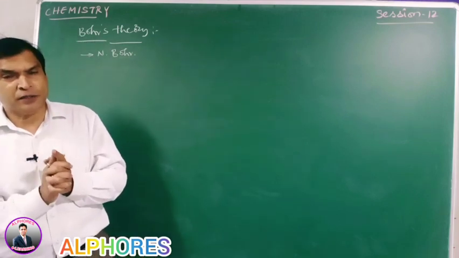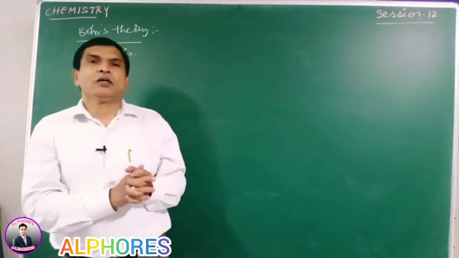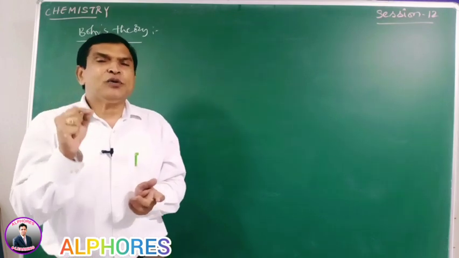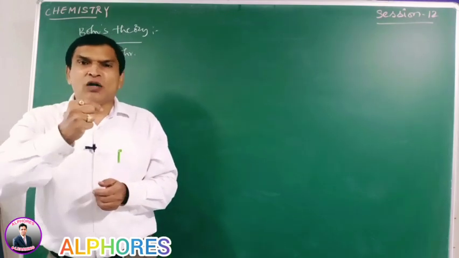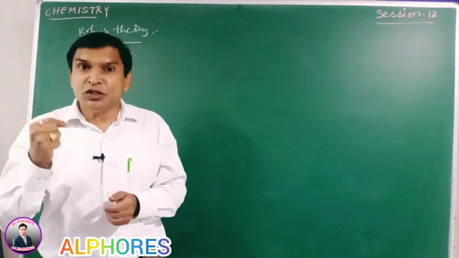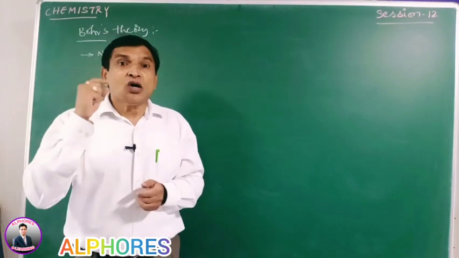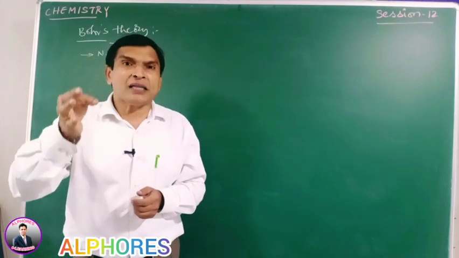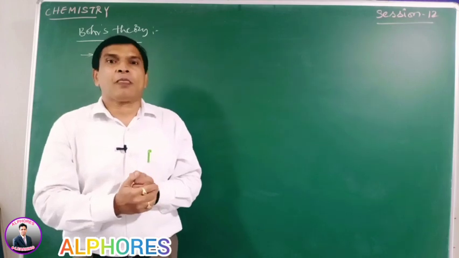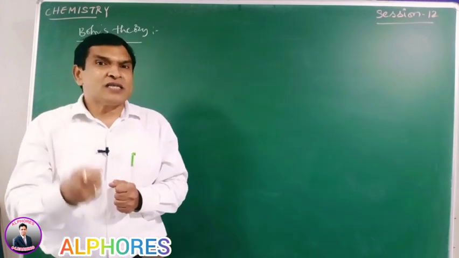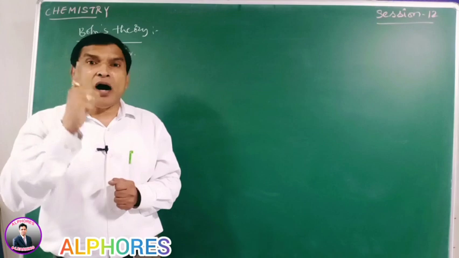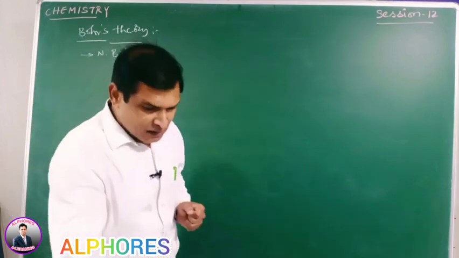First point: negatively charged electrons are revolving around the positively charged nucleus in closed circular paths. This closed circular path is called an orbit or shell.